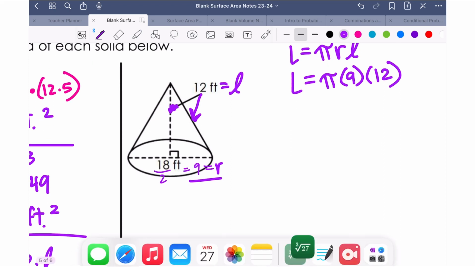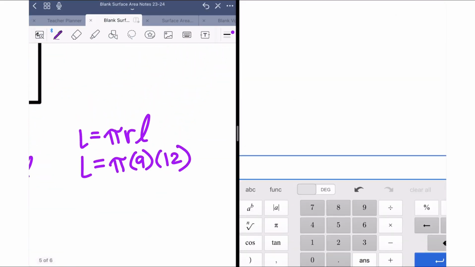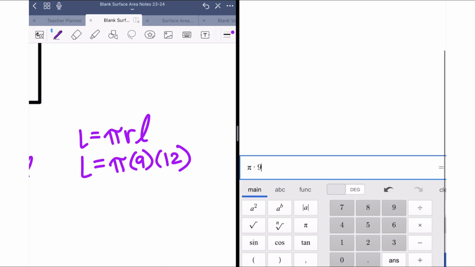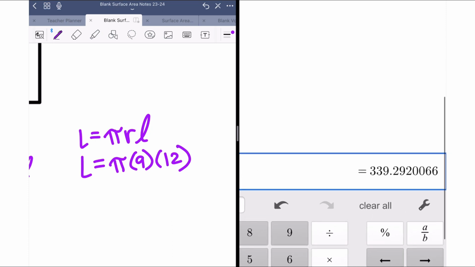Okay, so let's go to the calculator because we need to put in the pi symbol and get our number. So pi times 9 times 12. That is 339.